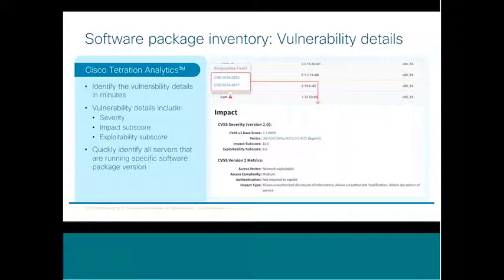Not only that, administrators can quickly find out all the servers in the inventory that have the same vulnerability. They can search based on the vulnerability ID, or the package version, or the score. And then they can get immediately the list of servers that have the same vulnerability, and then they can put a patching plan in place in order to remediate that vulnerability.